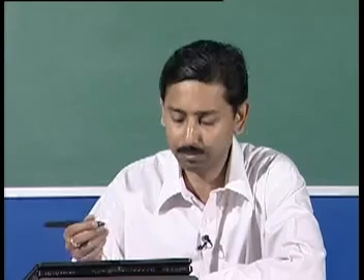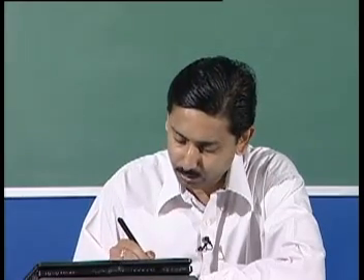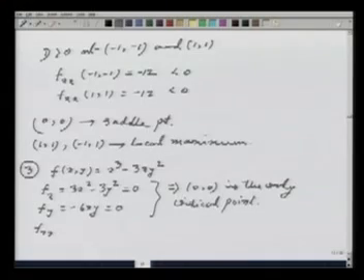So for that, first I have to start with d. So I need to know what is fxx. Fxx turns out to be 6x. What is fyy? That turns out to be minus 6x. And then I have to look at fxy. That is minus 6y.